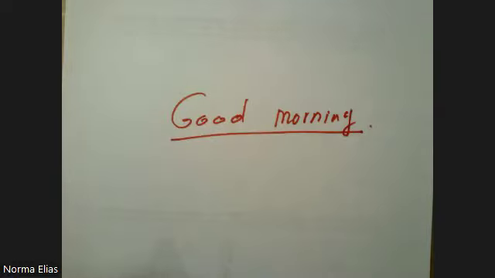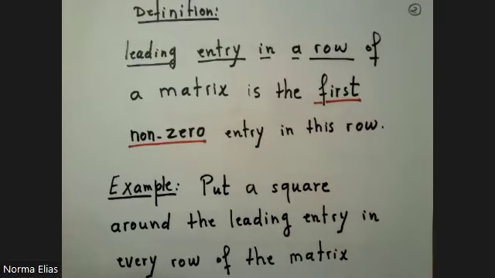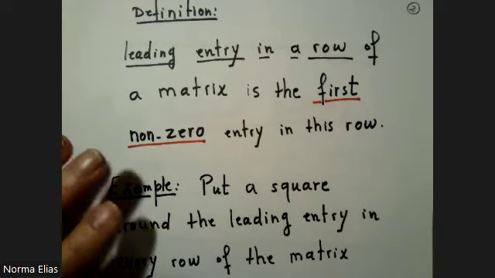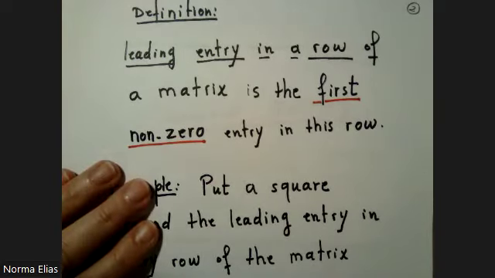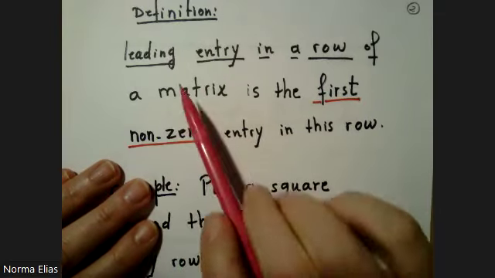Now, part 2 is definitions. I'll try to go as if I'm going fast, if you guys cannot write, please let me know. So definition. Leading entry. Suppose we have a matrix A. That's my starting point.